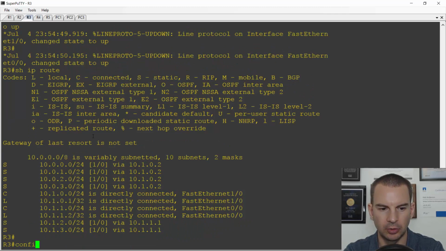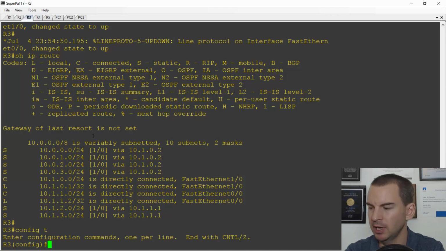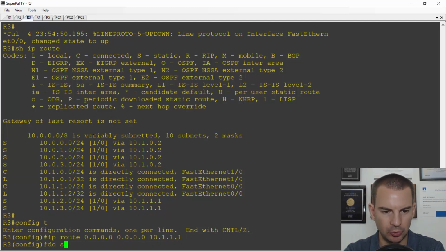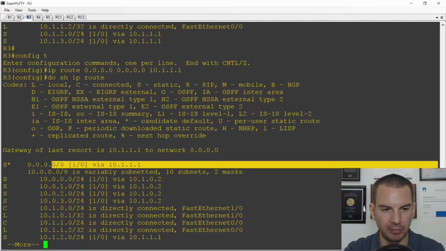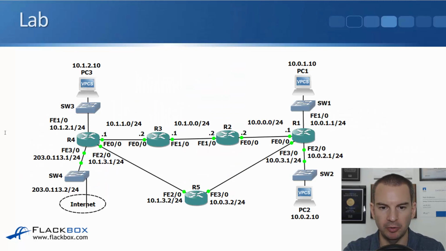I'll go to global configuration and add a default static route, so 0.0.0.0 0.0.0.0, and the next hop there was 10.1.1.1. I'll do a do show IP route to verify again. I can see that the gateway of last resort is set to the next hop, and there is the default static route.